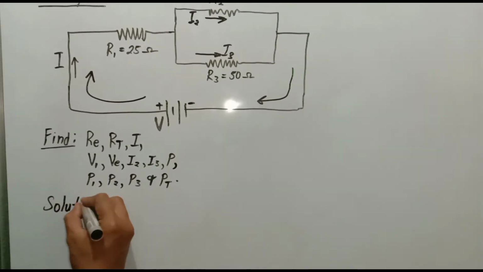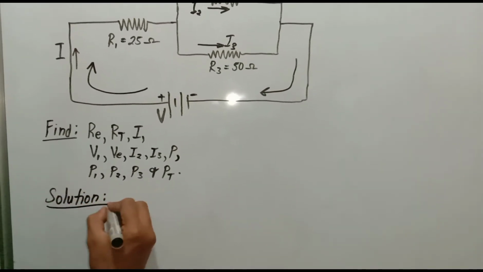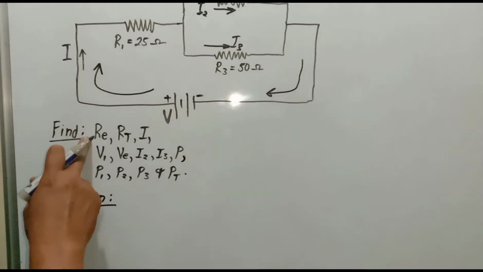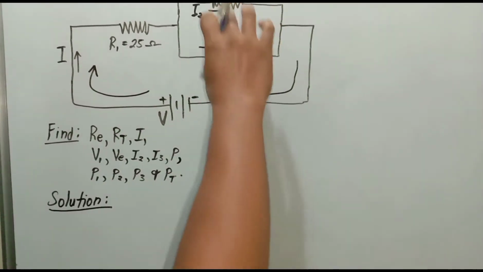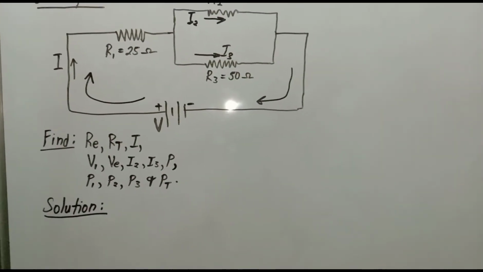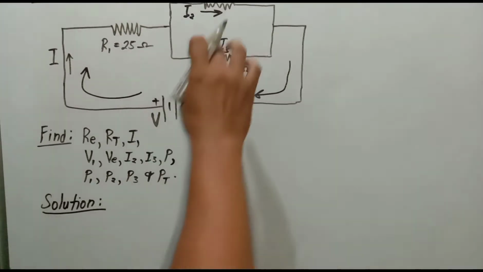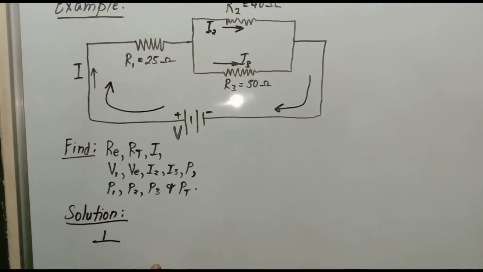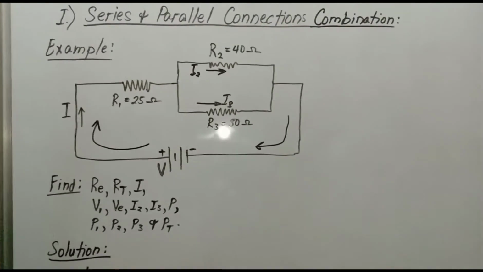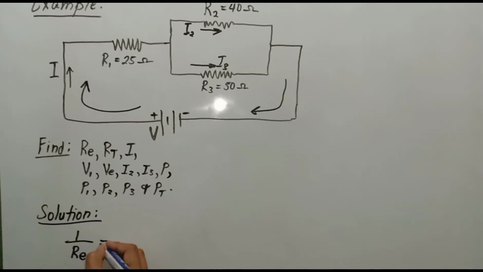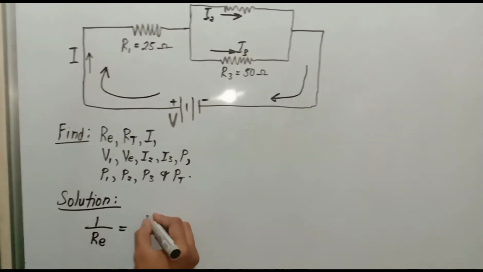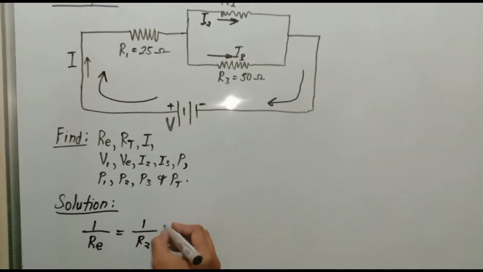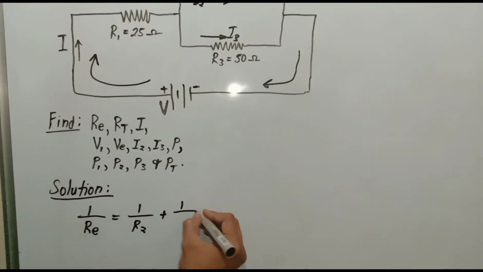So, solution. The first requirement is RE, the equivalent resistance of these parallel connections. As we studied earlier, the equivalent resistance for parallel connections is the summation of reciprocals. So 1 over RE is equal to 1 over R2 plus 1 over R3.